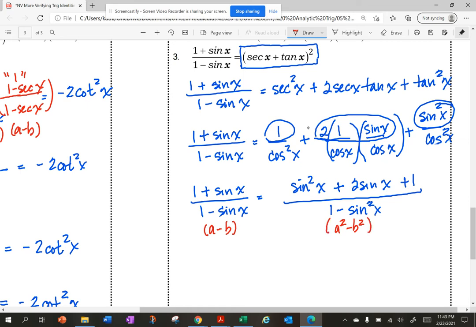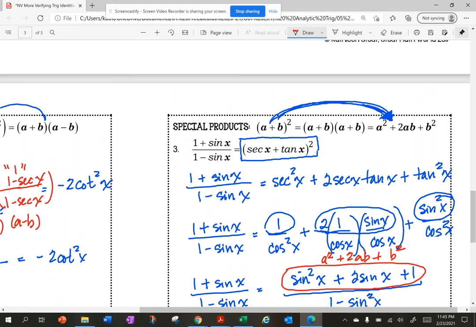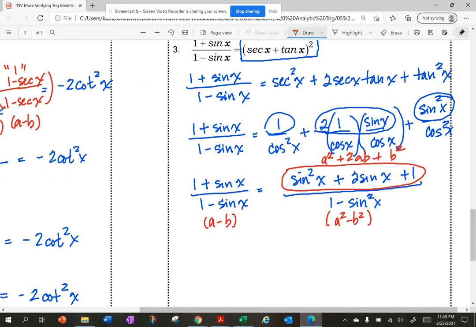And then this I see as the a squared plus 2ab plus b squared. Okay, so I see that. So I know that I have a plus b quantity squared divided by a minus b quantity squared.